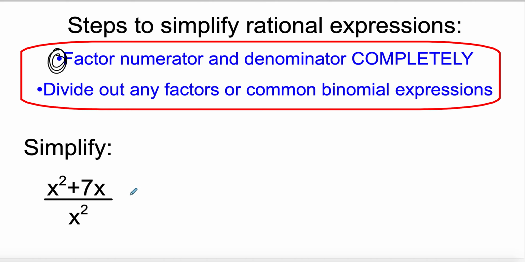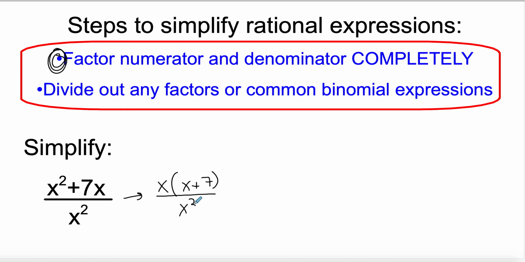Alright, so what does this look like after we factor it? We have our numerator here, x squared plus 7x. There are no special patterns for this one, right? Because we have an x squared there and an x there. However, we want to look for a common factor. So it'd be x times quantity x plus 7 over x squared.